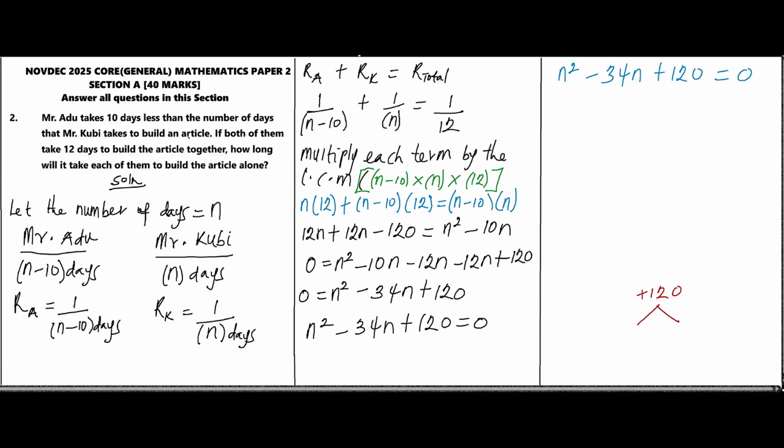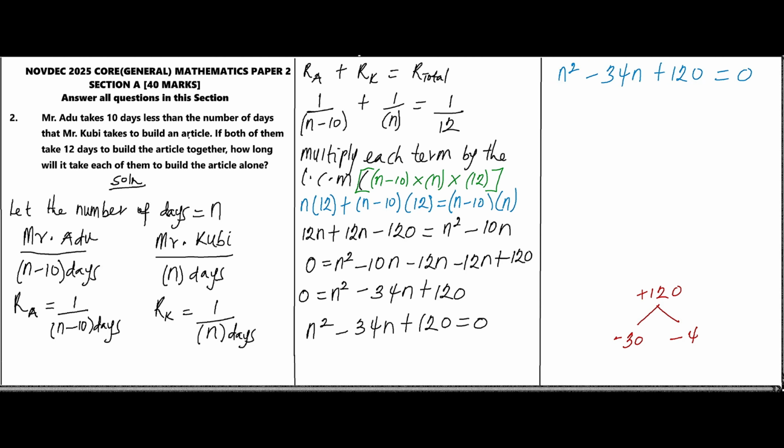So the factors, we have minus 30 and then minus 4, because minus 30 minus 4 gives minus 34, and then minus 30 multiplied by minus 4 is positive 120.